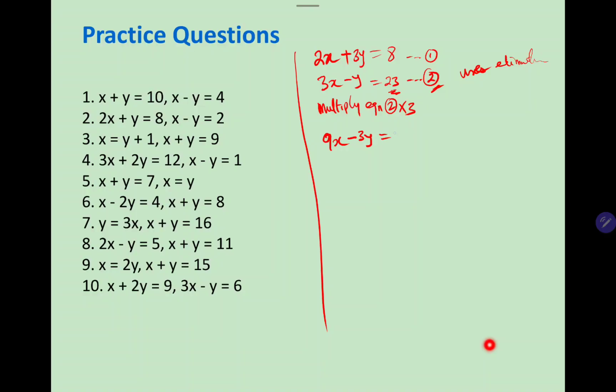I think so, 69. All right, so we can call this equation 3.